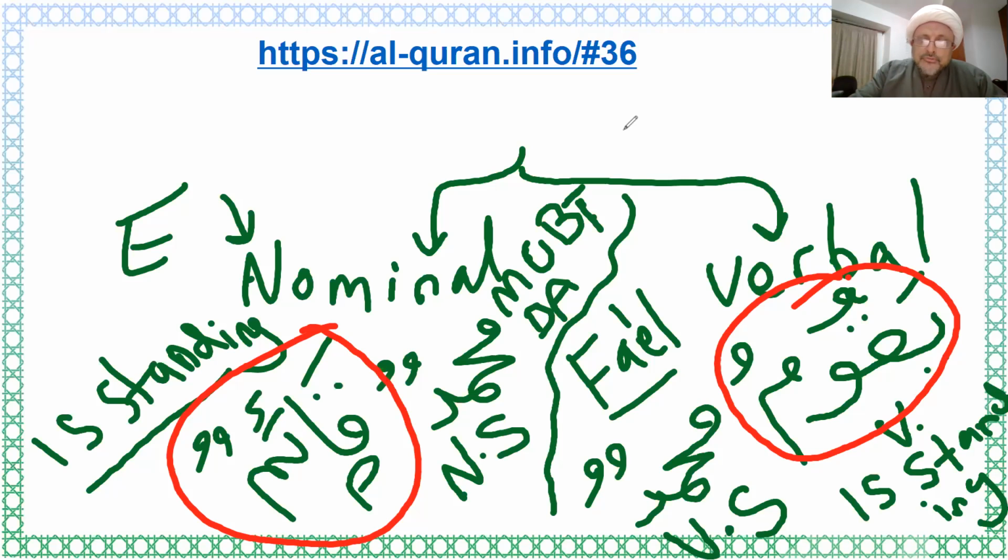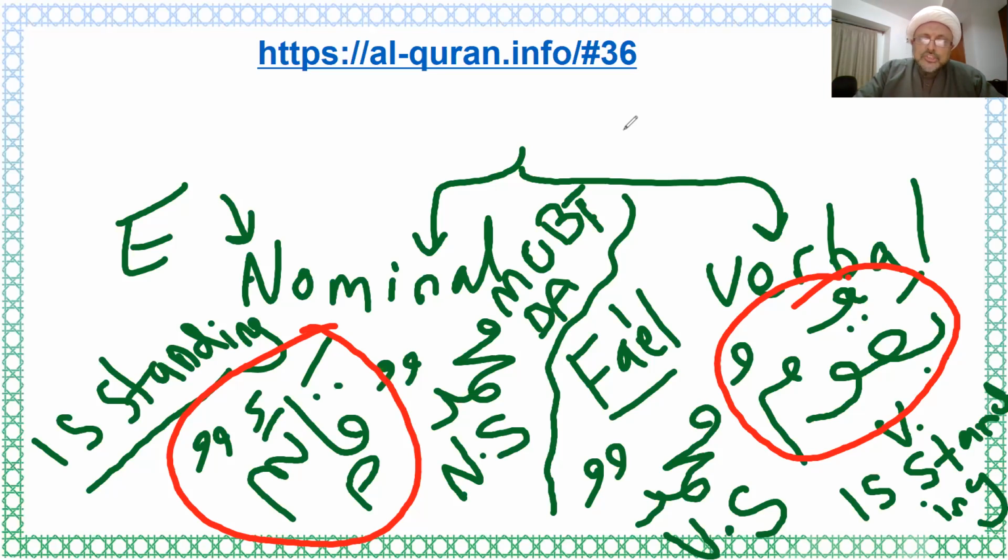So we will be looking for a verb or a predication which looks like a verb. That will let me know whether this is a nominal sentence, so the grammatical rules of a nominal sentence will apply, or a verbal sentence. So is it mubtada, nominal subject, and khabar, predicate, or is it a verbal subject and a verb? What is it?